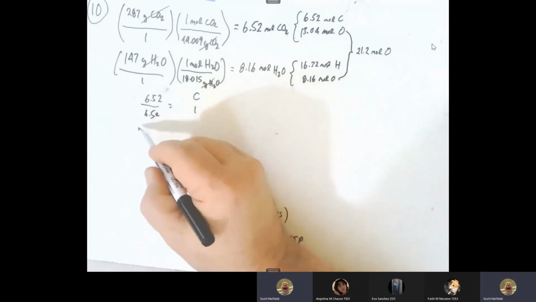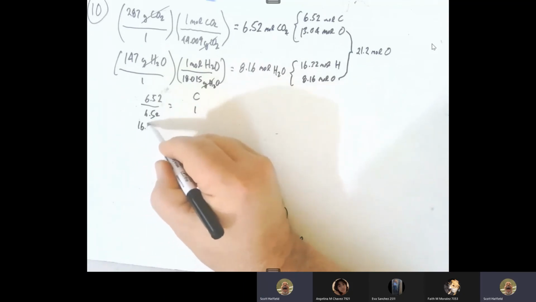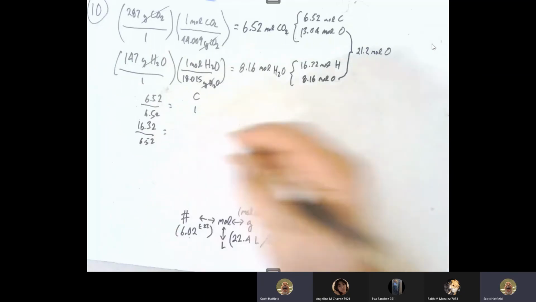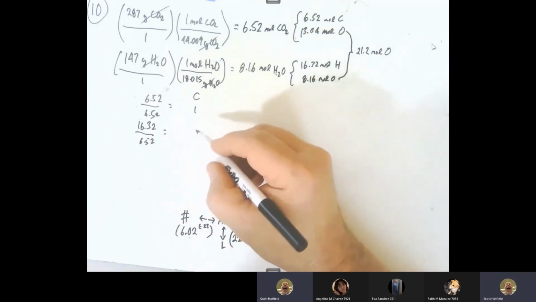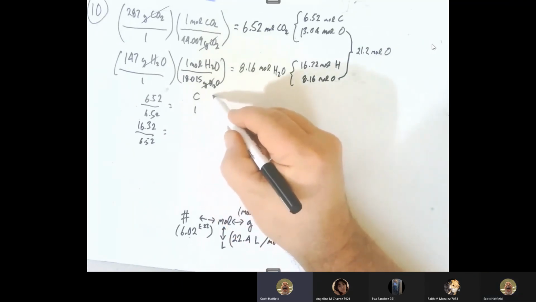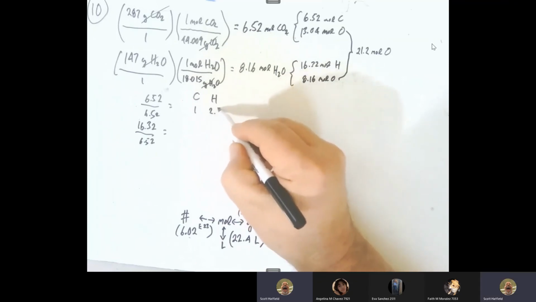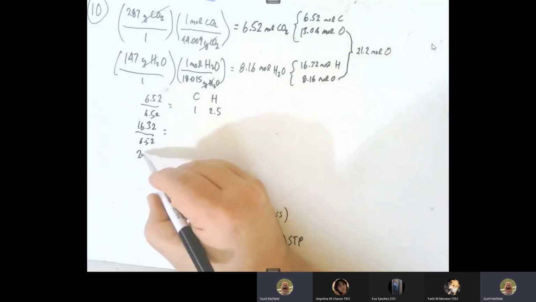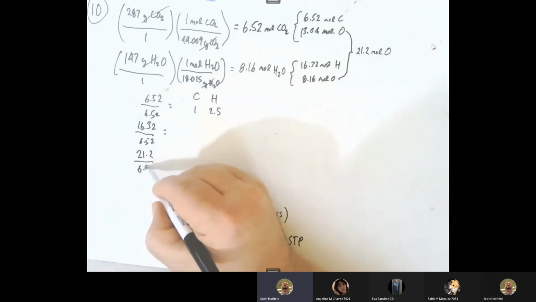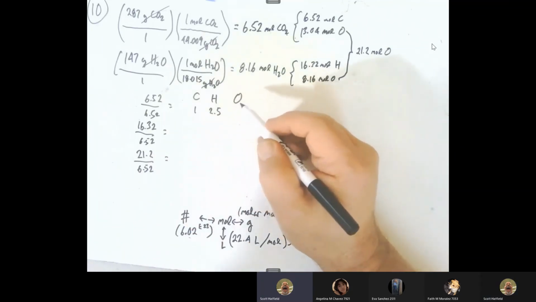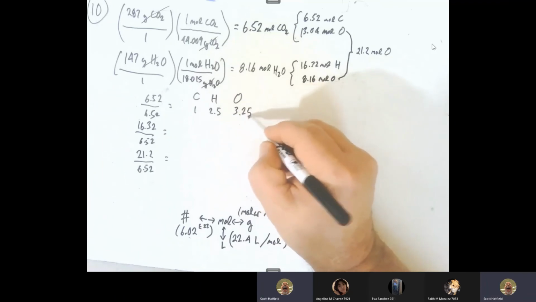But if I take the 16.32 moles of hydrogen and divide that by 6.52, well, I get a number that's about 2.5. And if I take the combined 21.2 moles of oxygen and divide by 6.52, I get a number that's about 3.25.